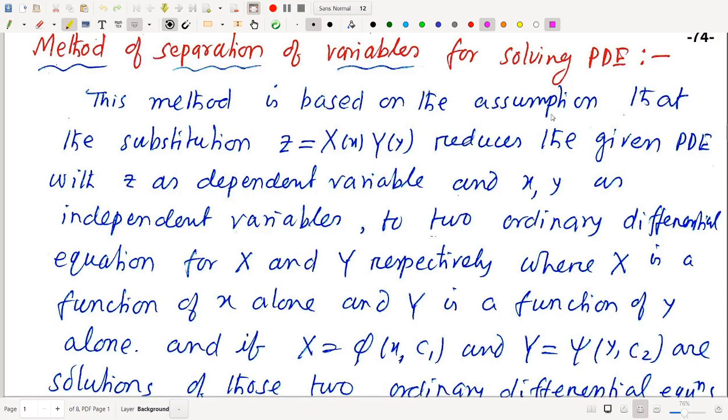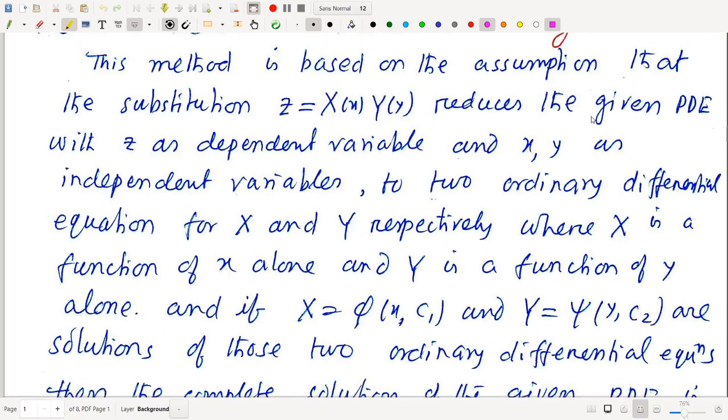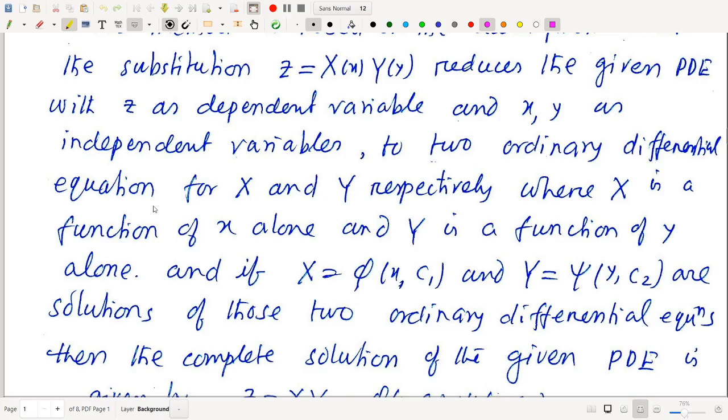This method is based on the assumption that the substitution z = X(x) Y(y), where capital X is a function of x alone and capital Y is a function of y alone, reduces the given PDE with z as dependent variable and small x and y as independent variables to two ordinary differential equations for capital X and Y respectively.